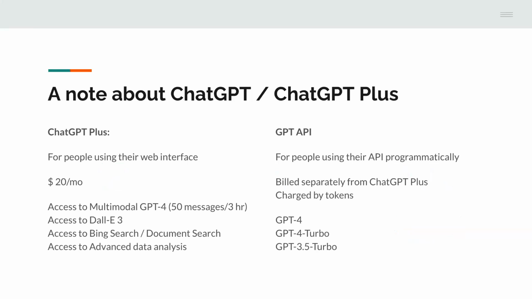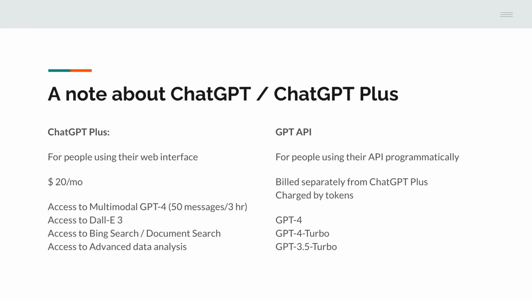And just a little word on whether to get ChatGPT Plus or the GPT API. This can be a little bit confusing because I actually fell into the trap. I wanted to use the GPT API, but then I signed up for ChatGPT Plus. And then I wondered why they still charge me after I spend $20 a month on ChatGPT.